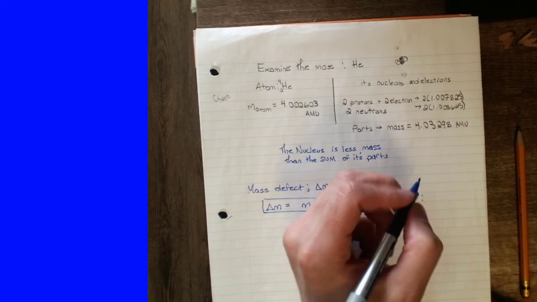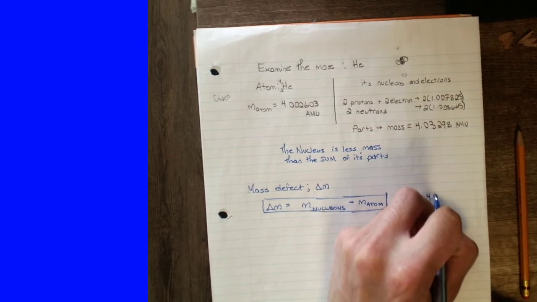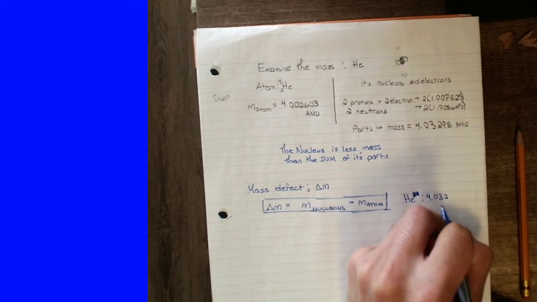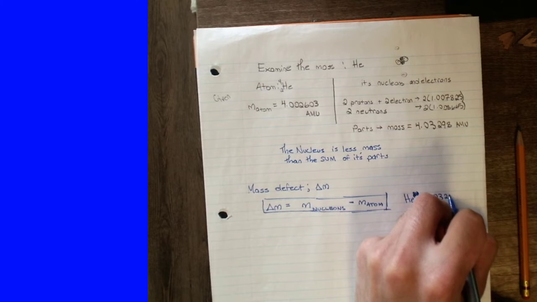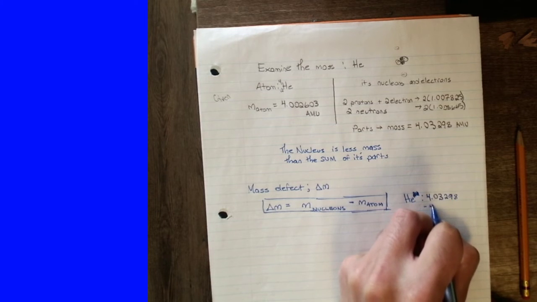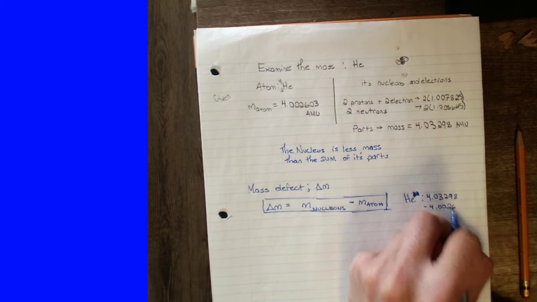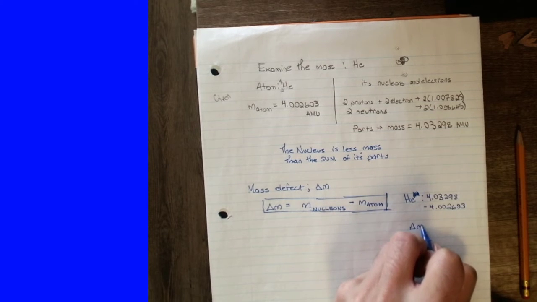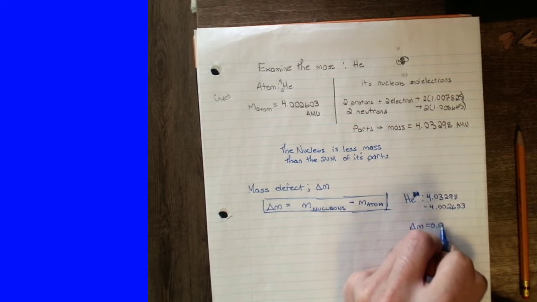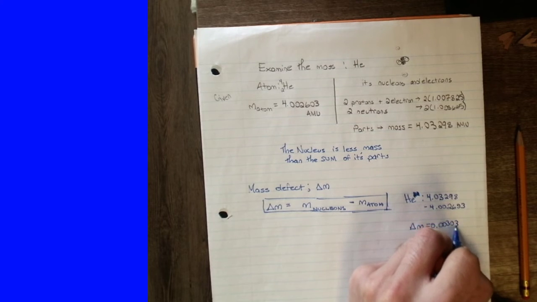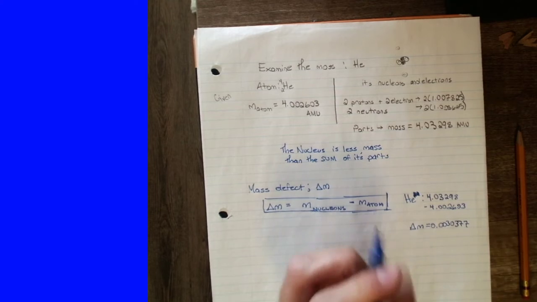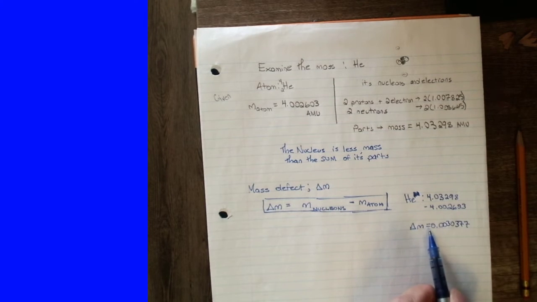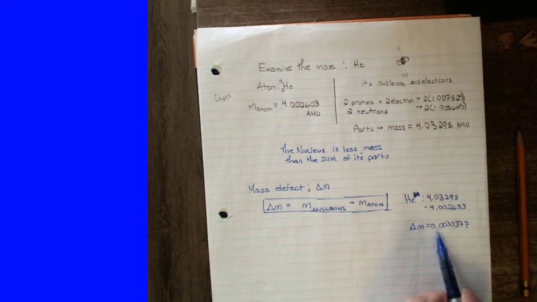So for helium, if we use the mass defect here, 4.03298, subtract 4.002603, you get a mass defect here of 0.030377.